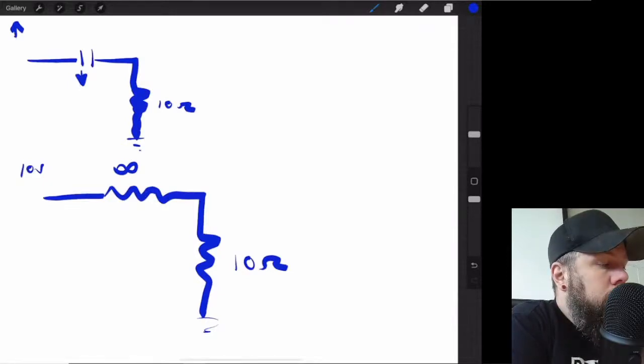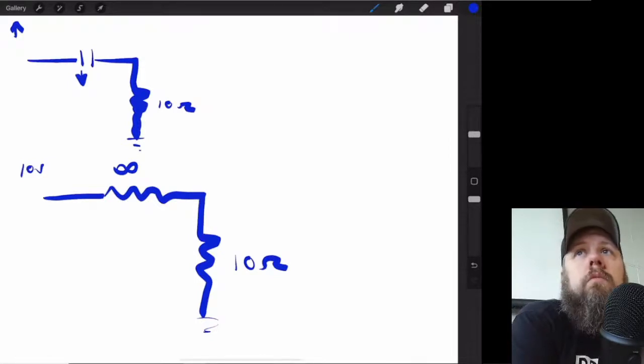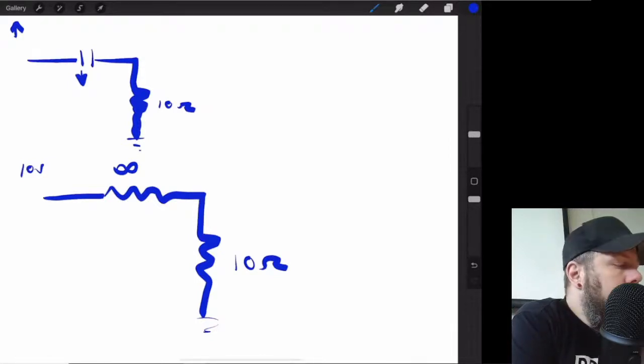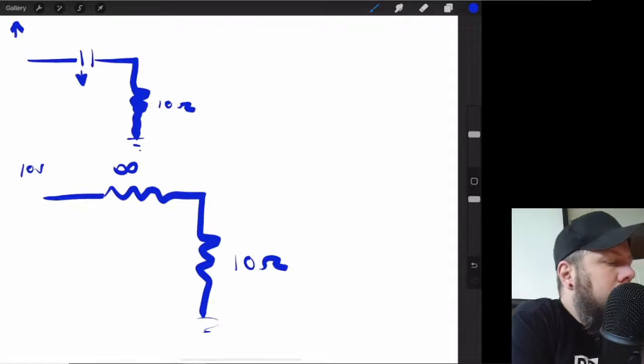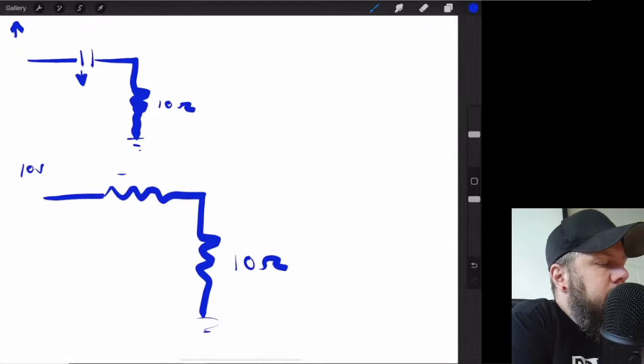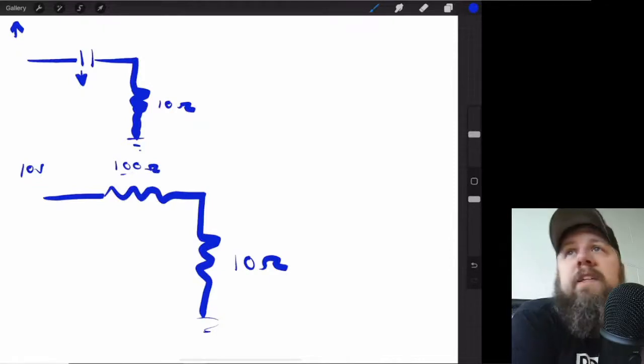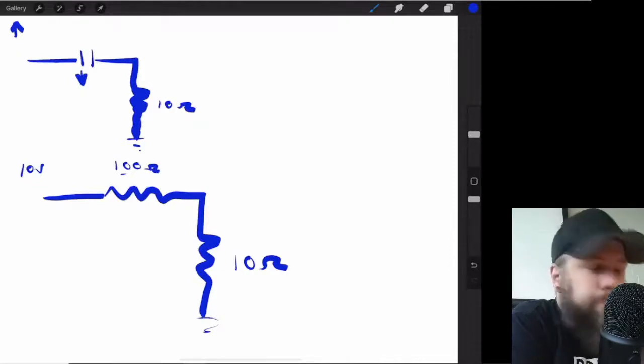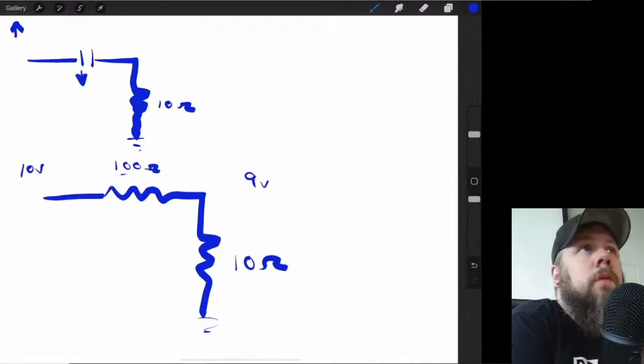So imagine it's a super high resistance, or that's not super high, but it's 10 times what this is, right? We're going to get 9 something volts out of here, aren't we? I'm just using proportions.